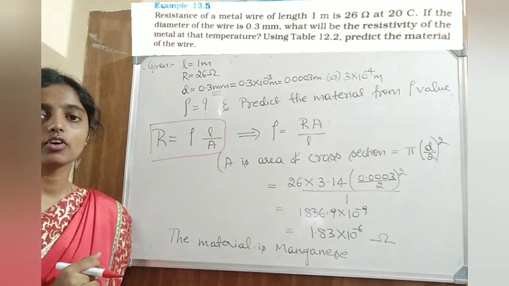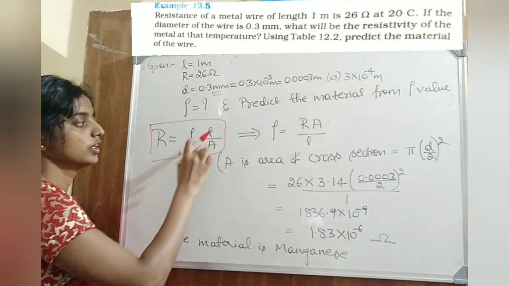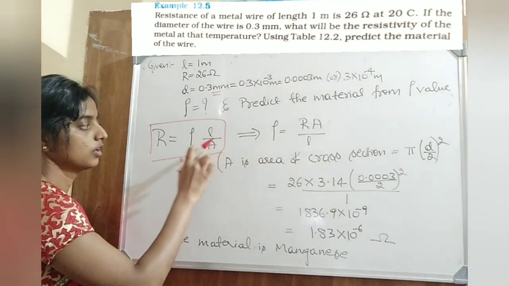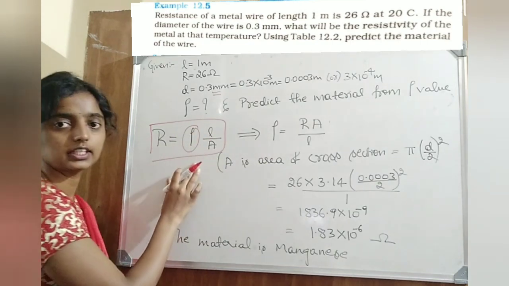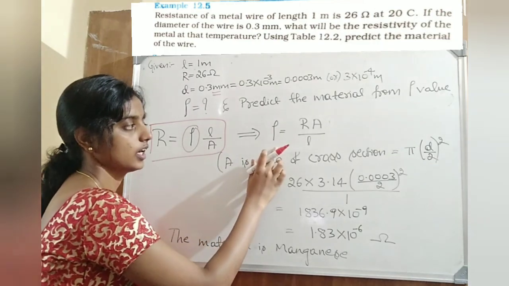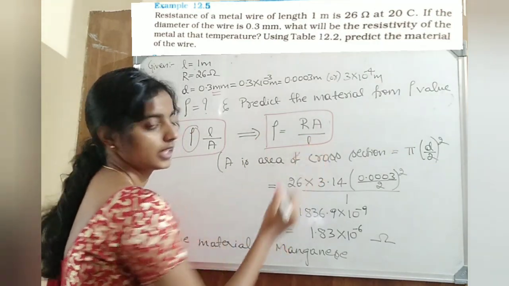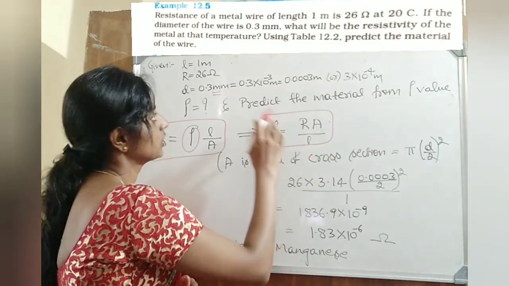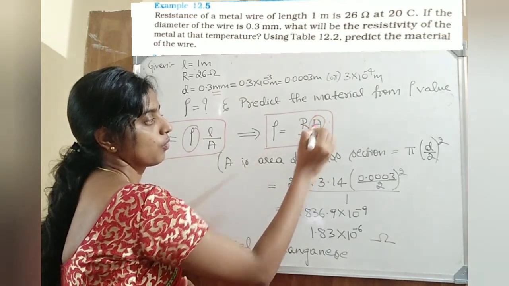What is the formula for resistivity? R is equal to rho into L by A. We need to find out resistivity, right? So modify this equation, take rho outside and we will get R into A divided by L. Now we have all the numbers except A. What is A?